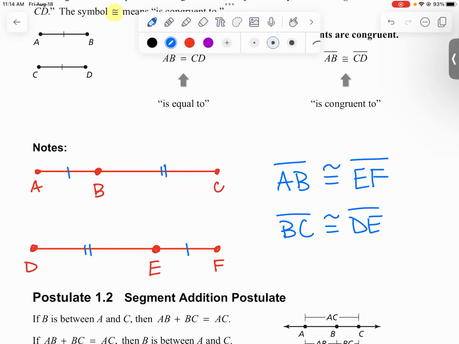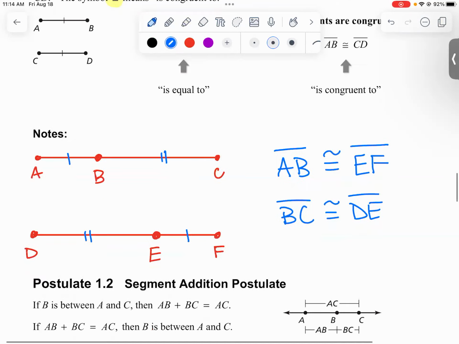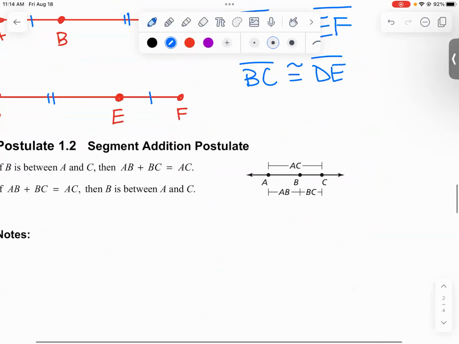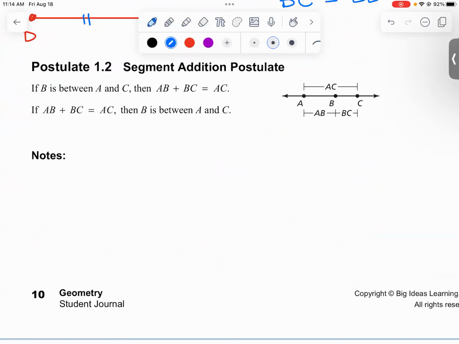Okay, now I feel like this next postulate we're going to go through, some of you might feel like maybe it feels like common sense, like, oh, I probably would have done that even if you didn't tell me to. So this is the segment addition postulate.